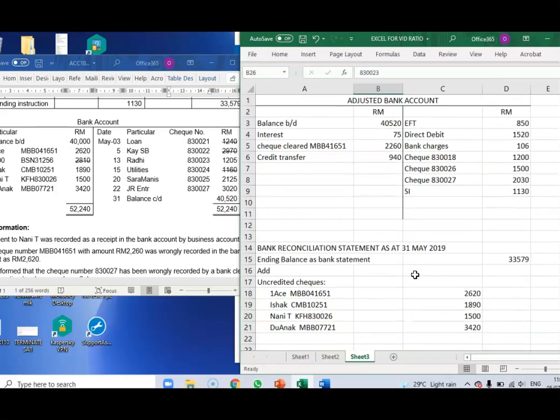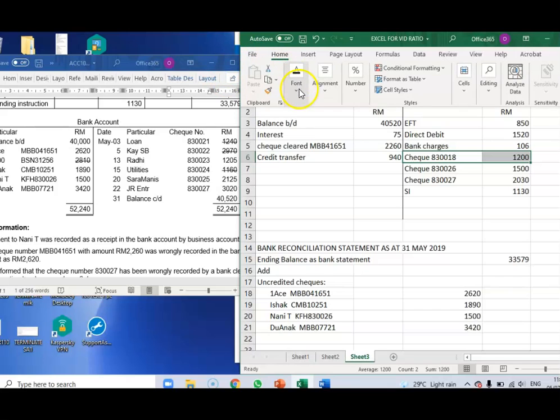I found it: check 830018 is for prior months because it's less than 830021. So this one needs to be slashed out or taken out from this amount.